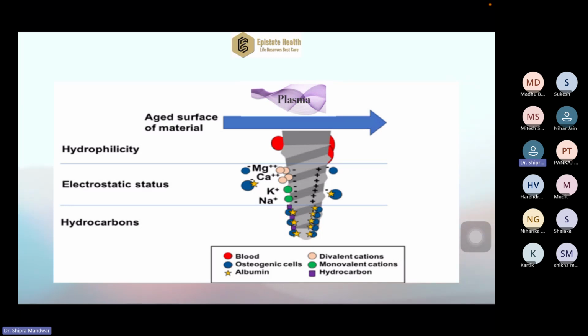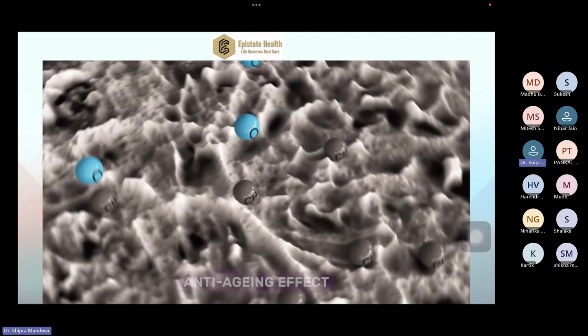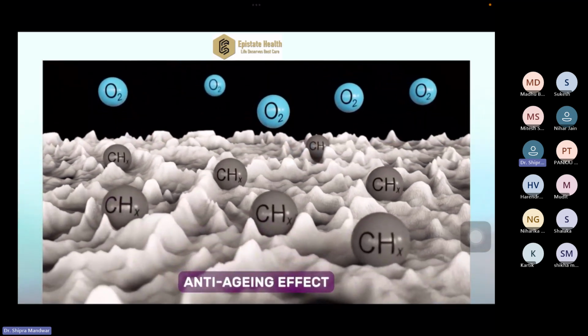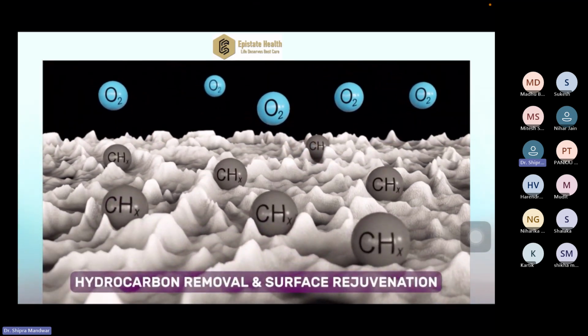Also, what does plasma do? It deposits a positive layer over the implant surface. We know that the osteoblasts are negative in nature, so the positive and negative attract, and it makes the deposition of osteoblastic cells, which will lead to osseointegration. The same thing we'll understand through a video, where this is the hydrocarbon layer which is formed due to the aging of the implant.